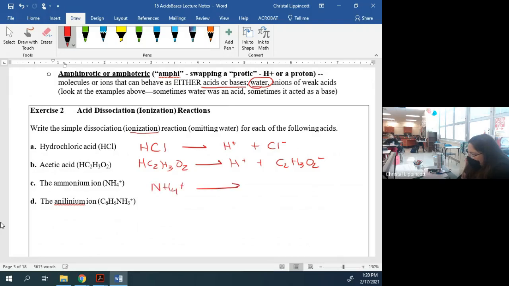So if I break out a hydrogen off of that, it's going to end up being NH3 and no charge, because the plus went with this hydrogen.